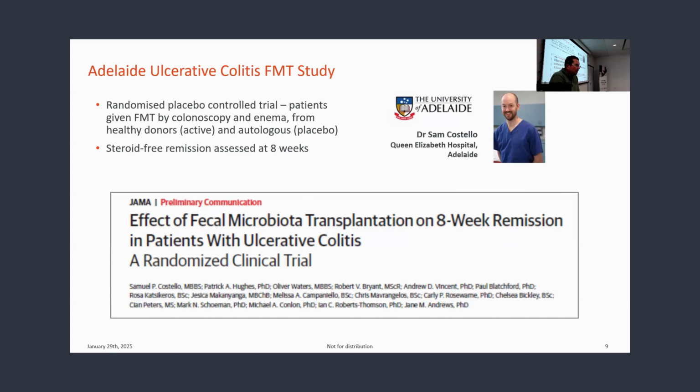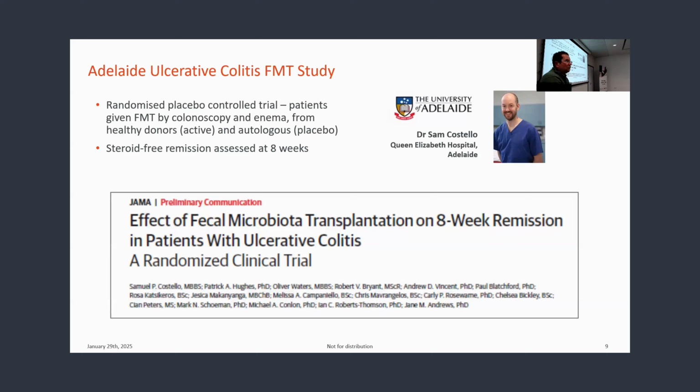In the active arm, he gave mild to moderate UC patients FMT from healthy individuals, either by colonoscopy or by enema, and in the placebo arm, the patients received autologous FMT as a control. And he looked at steroid-free remission in these patients at 8 weeks and also follow-up at 12 months.